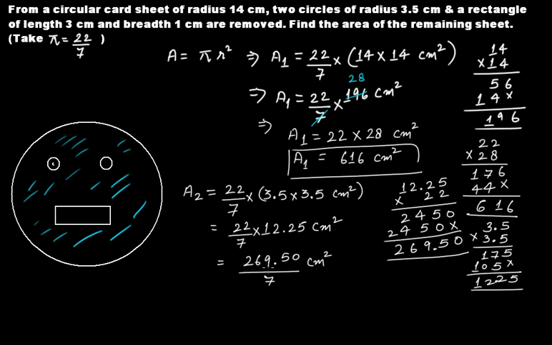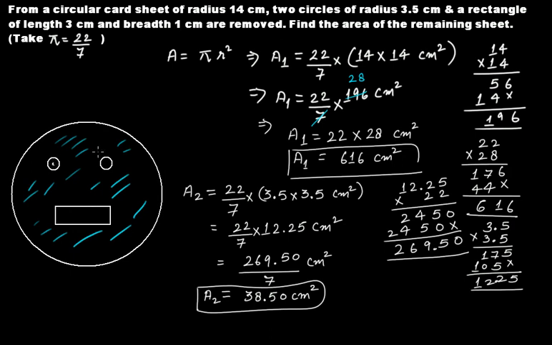Okay, now if you divide this one, I'm going to pause this and use a calculator because it's taking a lot of time. So the answer is 38.50 centimeter square. This is the area of one small circle.